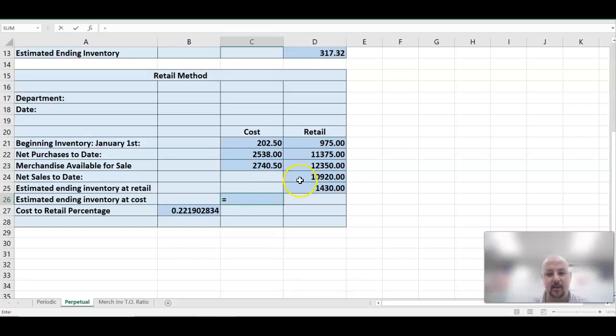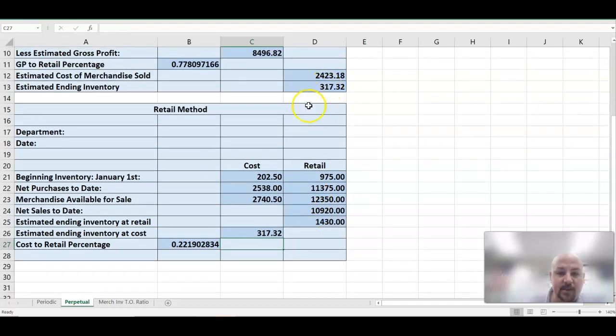So we're going to take this 1430, which is our retail amount of what we had in stock, and we're going to multiply that by 22.19%. I got 317.32 once again, right? So these two numbers are actually the same, and the reason they're the same is because these are so unrounded. We're going to like 8 decimal points, so that's going to be pretty accurate.